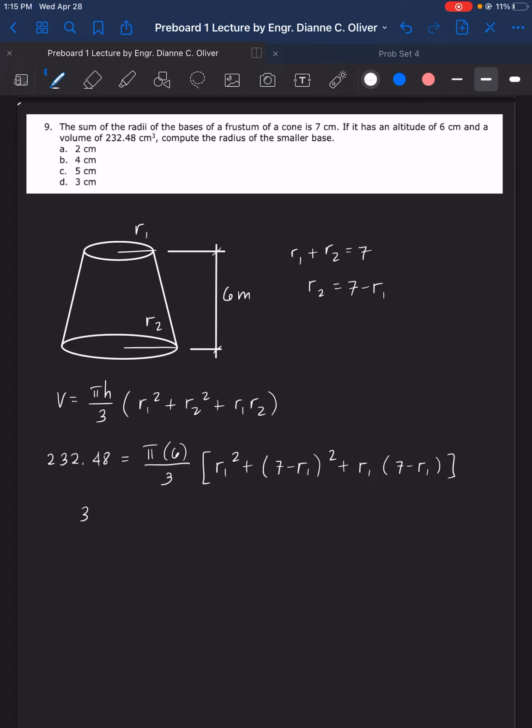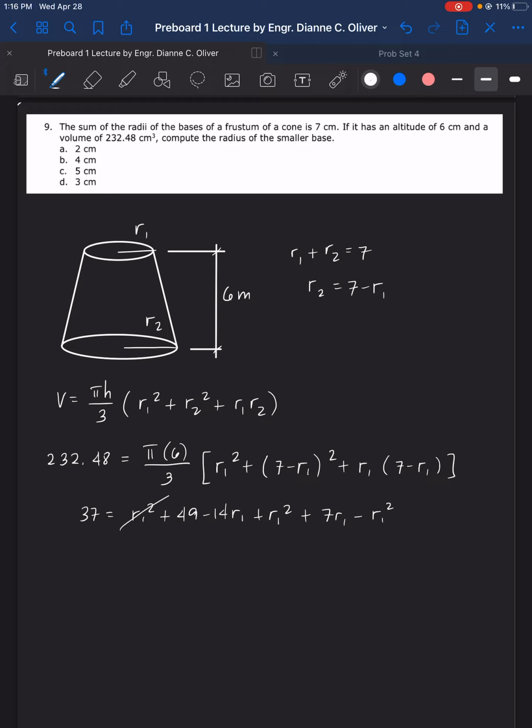So we have the 37 here because we already calculated that. So we have R1 squared plus 49 minus 14 R1 plus R1 squared plus 7 R1 minus R1 squared.